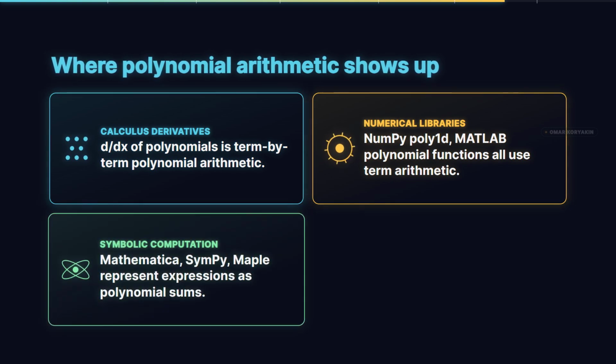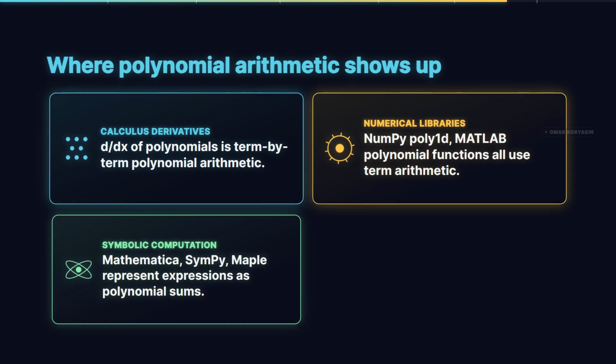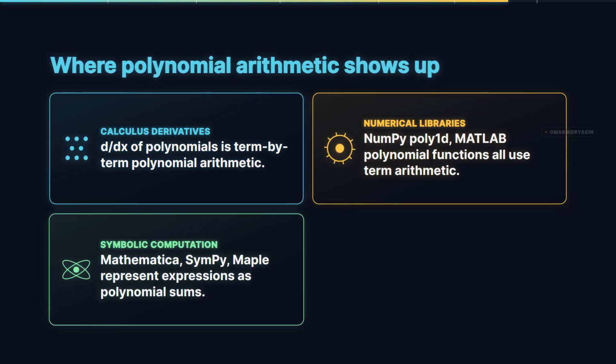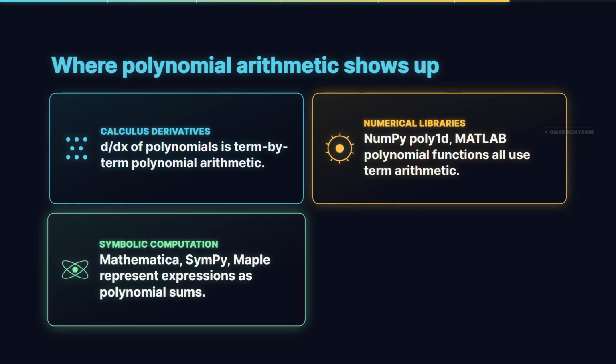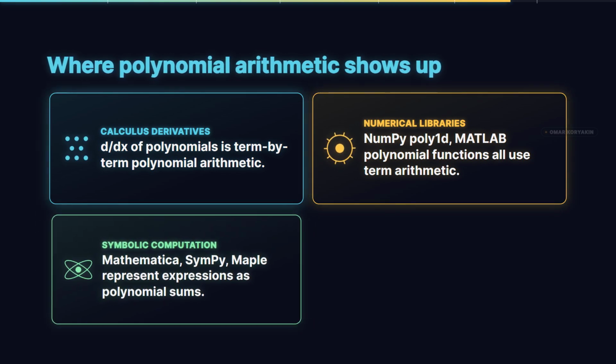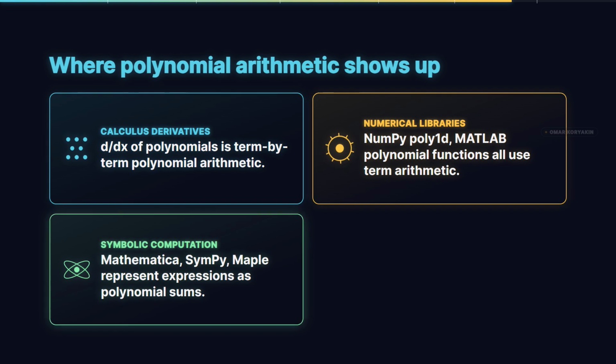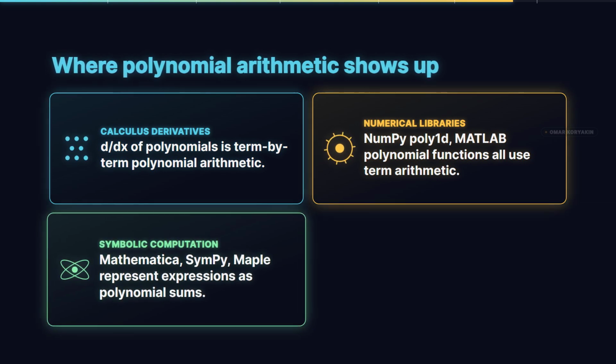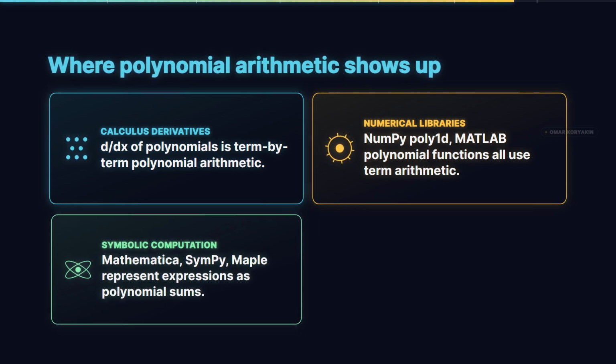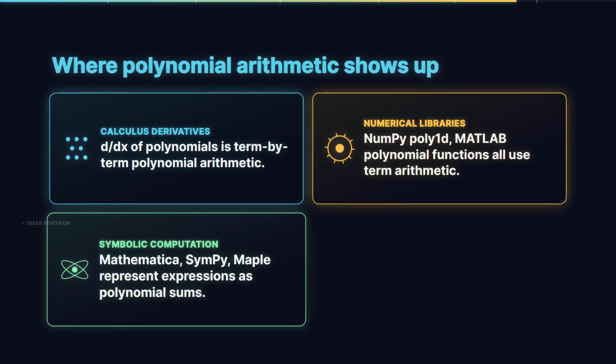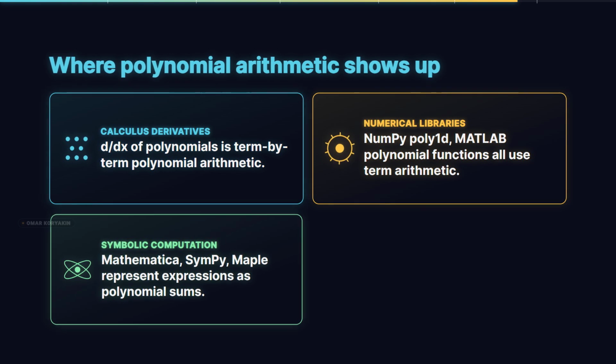In symbolic computing systems like Mathematica, Maple, and SymPy in Python, expressions are represented as polynomial sums internally, and the addition and subtraction operations apply the like terms rule symbolically. Computer algebra systems can simplify, expand, and factor polynomial expressions of arbitrary complexity, all built on top of the basic addition and subtraction primitives from this lesson.